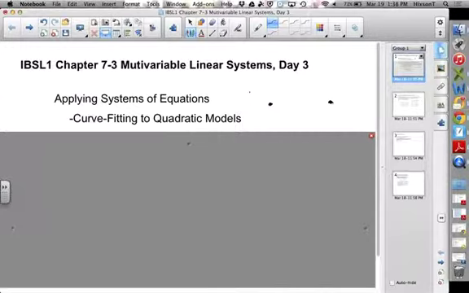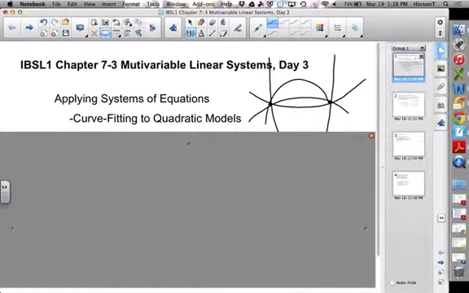I could have this parabola here, I could have this one here, I could have a real tall one like that, or this one right there. You guys get the picture. There's an infinite number of them. However, if I throw a third point in there, there's only one possible parabola that can go through all 3 of those points.